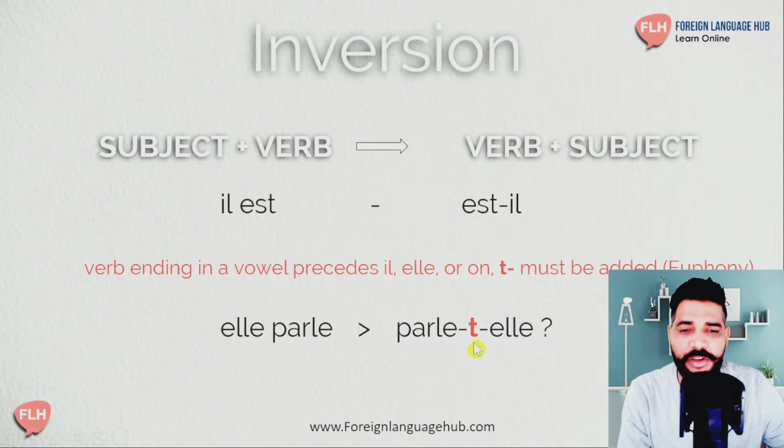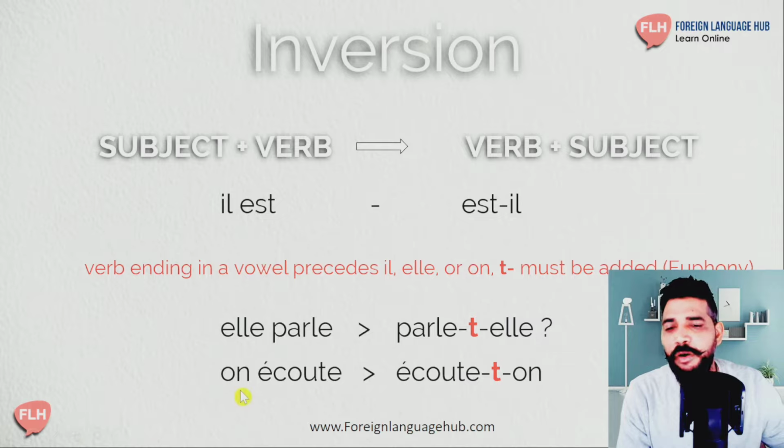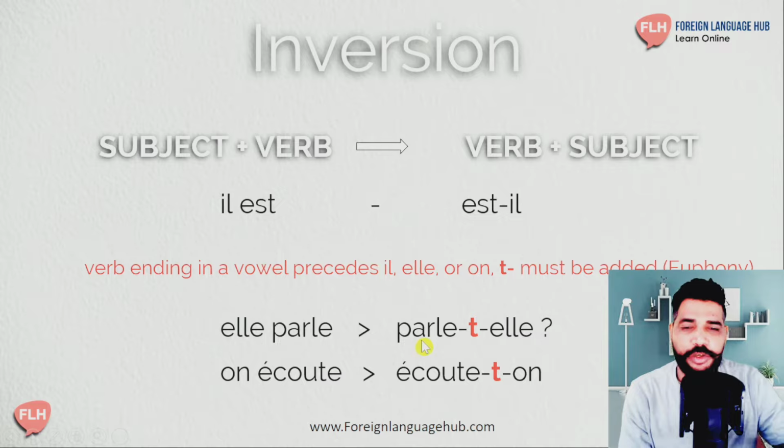We have put an extra t because there would be two vowels facing each other, and just to avoid the pronunciation hurdle, this t is there, but it doesn't have any specific meaning. Another example is on écoute, écoute-t-on. We listen, do we listen? Il parle, parle-t-il. He speaks, does he speak? So it has become a question, right?